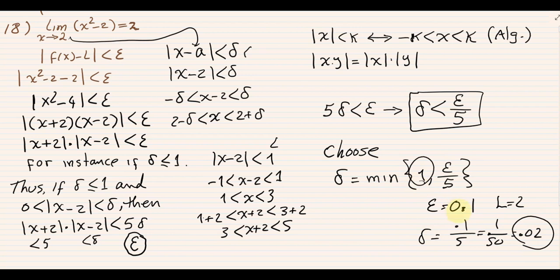So if you want to be within 0.1 of the actual limit of 2, you should get to within 0.02 unit of x equals 2. Maybe a poor choice of an exercise because everything has 2 in it. The limit is 2, x approaches 2, and that may be causing an issue for us also. But anyway, that's how this works.